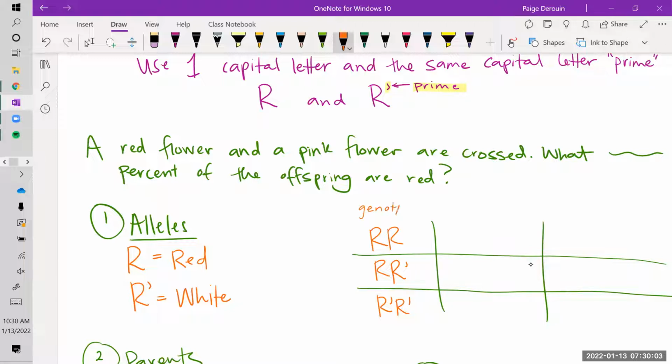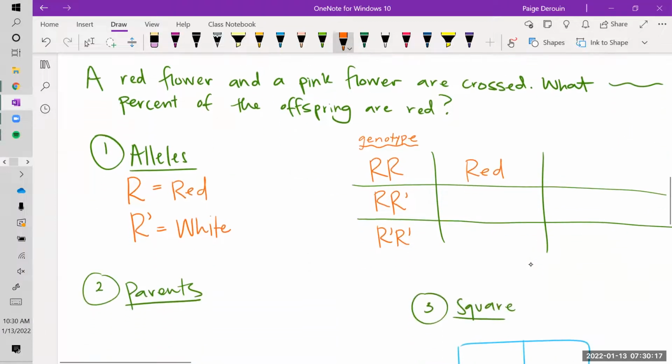Genotype, yes. Okay. And now we're going to think about what do these look like. So what they look like if they have red plus red, they're red. If they have red plus white, they're pink. If they have white plus white, they're white.